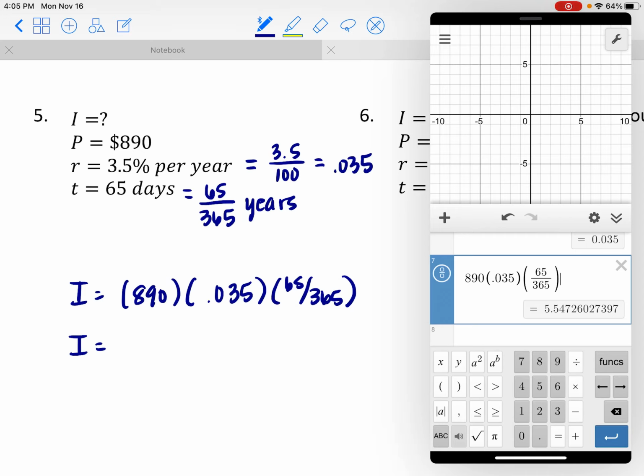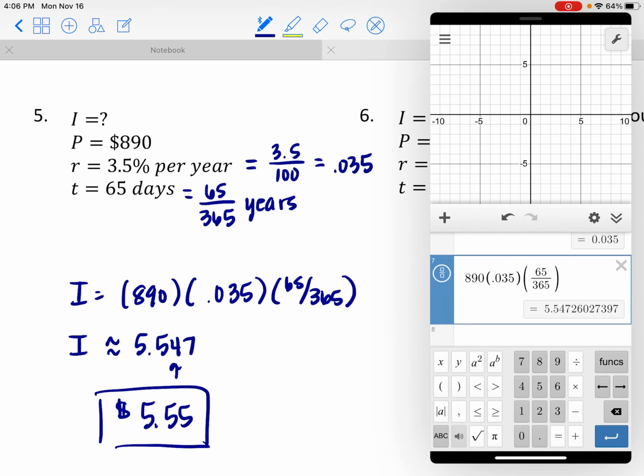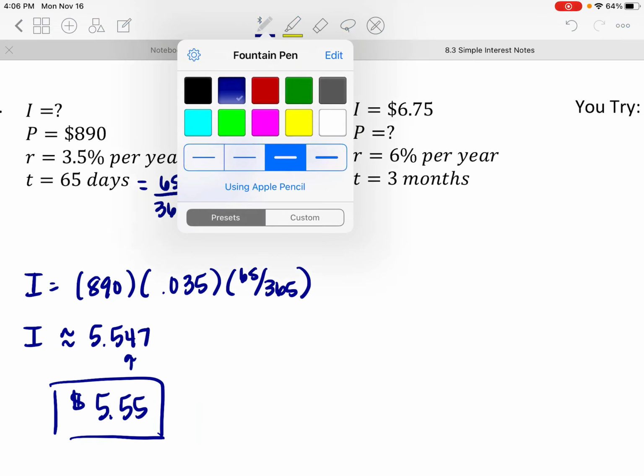So this is about 5.547, but since, again, this is an amount of money, we're going to go ahead and round to the hundredths place. So after the 4 is a 7, which means that's going to round up to $5.55 in interest. Okay? All right, moving right along.